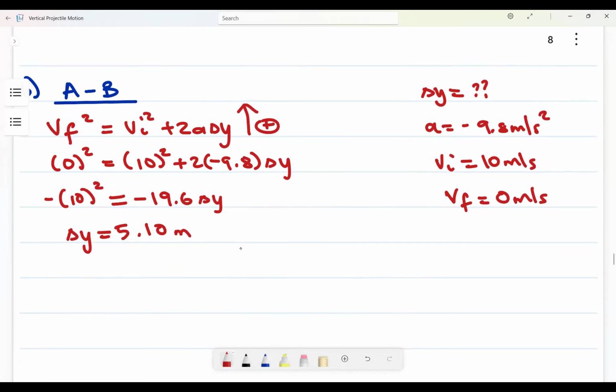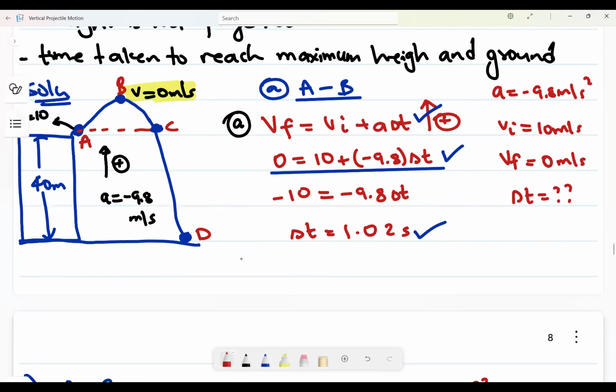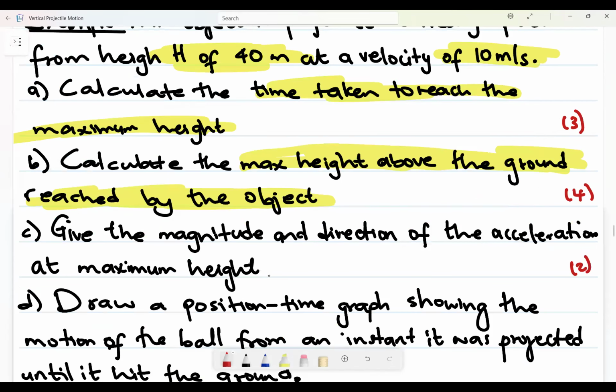meters. But now remember, the examiner did not say calculate the height from the point to the maximum height. The examiner said, what is the maximum height from the ground reached by the object.